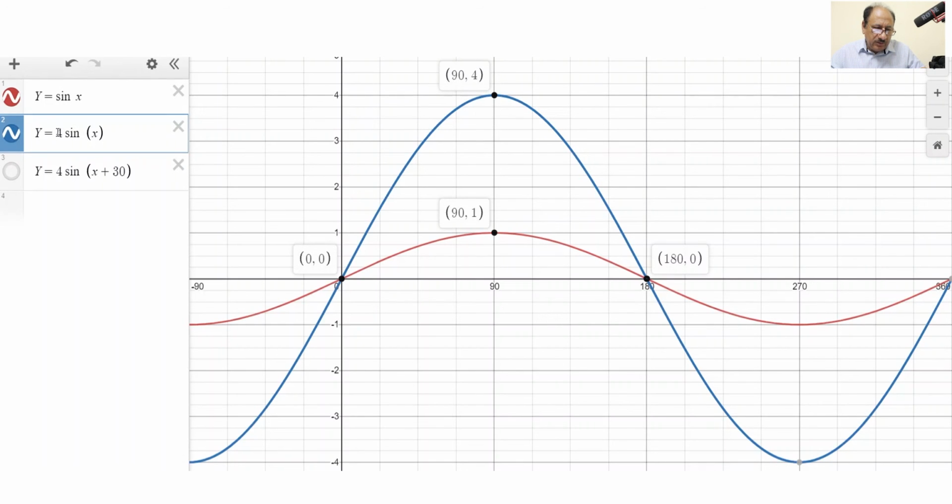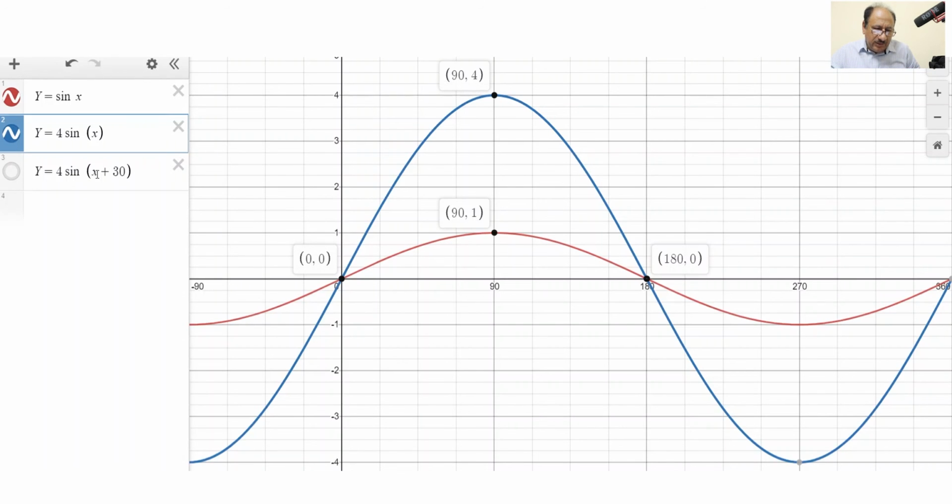So the y value will be multiplied by 4. When we write this 4 outside, 4 sine x, it means the y value is multiplied by 4. Originally the y value was 1, and it will be multiplied by 4, so the new value will be 4.